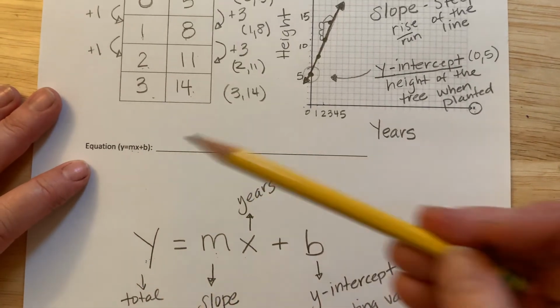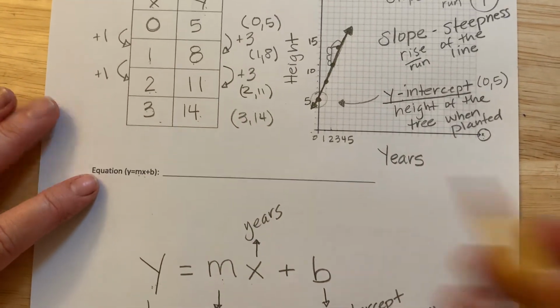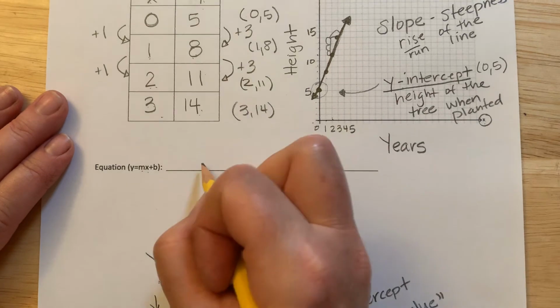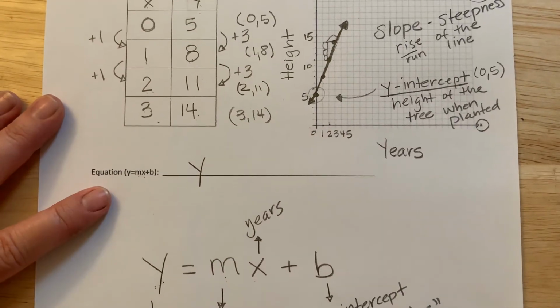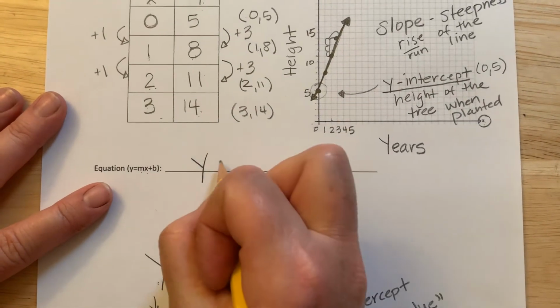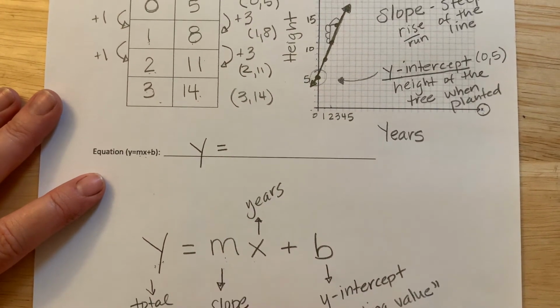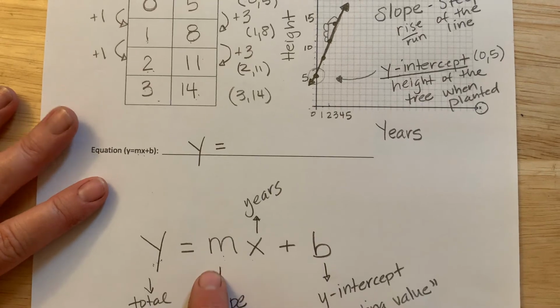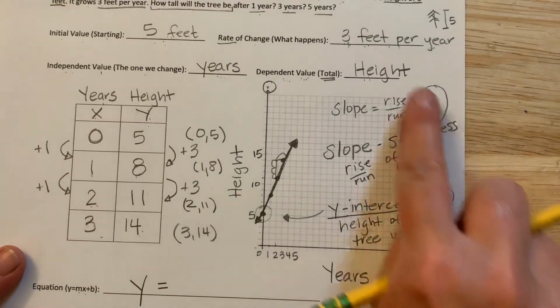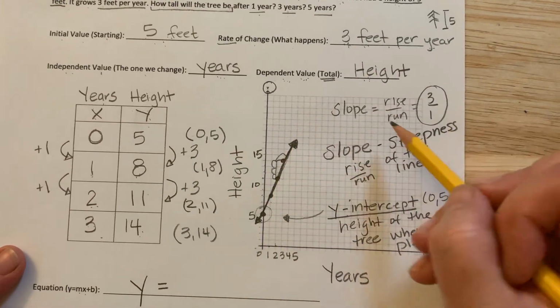Now, when we write equations in math, we always leave the y as y when we're writing our equation. Of course, the equal sign stays the same. But this time I know the slope. M is slope, and I need to put a number there. So I can go back here and look at what was my slope. Remember, we found it.